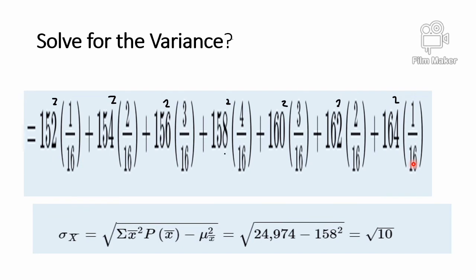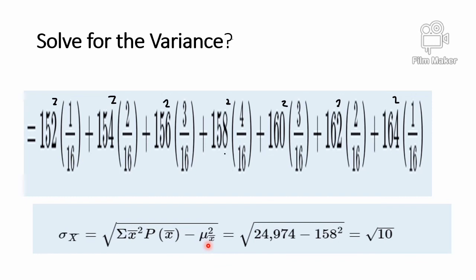And the answer of all this, take note guys, this is the formula. If you will add all these numbers, the answer is 24,974. And the formula for the mean is 158.